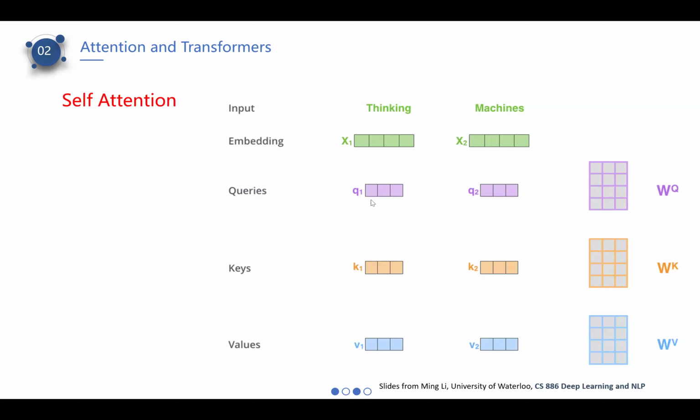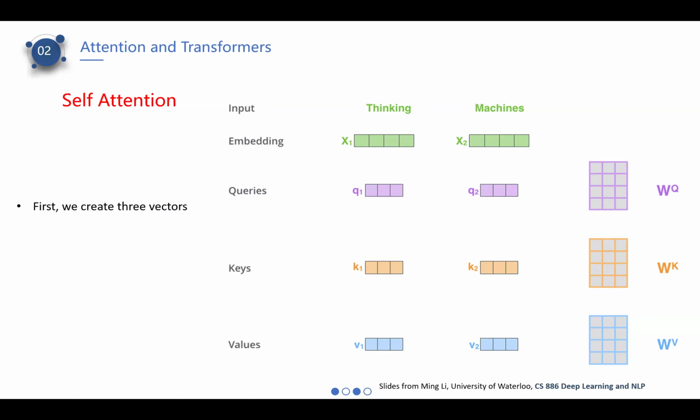Again, let's look at a little bit more detail. We have the input "thinking machines," just two words, two tokens, x1 and x2, and we get embeddings. We get queries, keys, and values. The way we get them is we take WQ and multiply with x1, and likewise WK and WV. Here it is 4-dimensional, so as you see we have 4 by 3. Earlier we had 3 by 3; it depends on what you want.